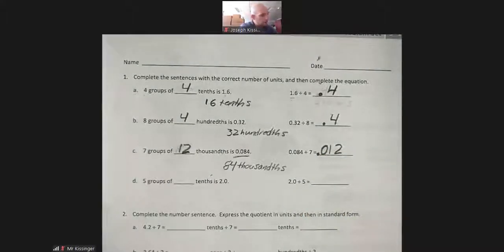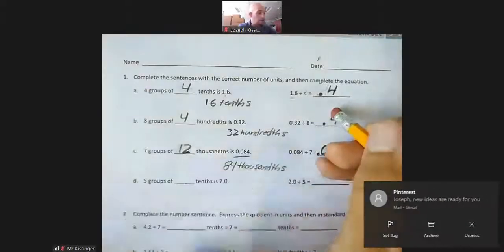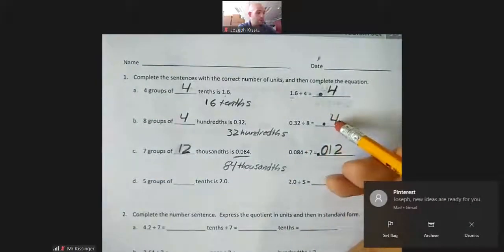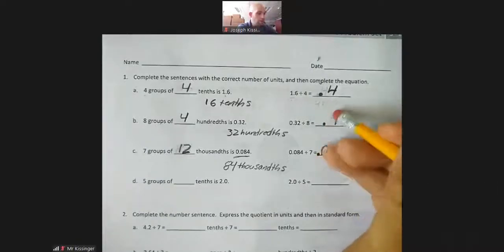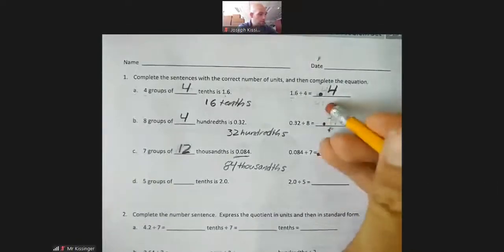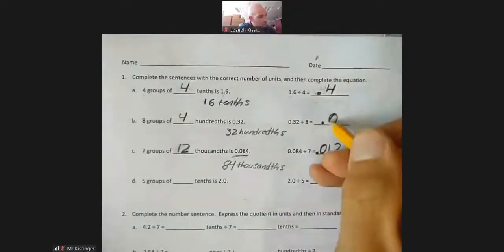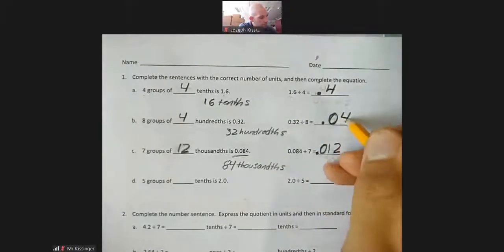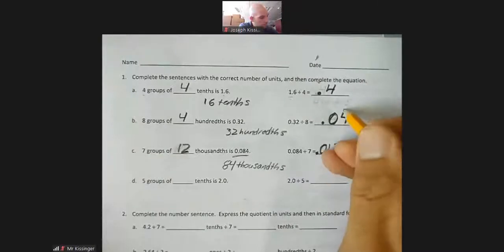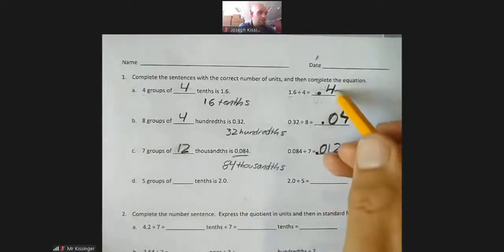You know what? Mr. K made a mistake. 0.4 is not 4 hundredths. So we have to be really careful when we write these out. 4 hundredths looks like this. So this is 4 tenths.